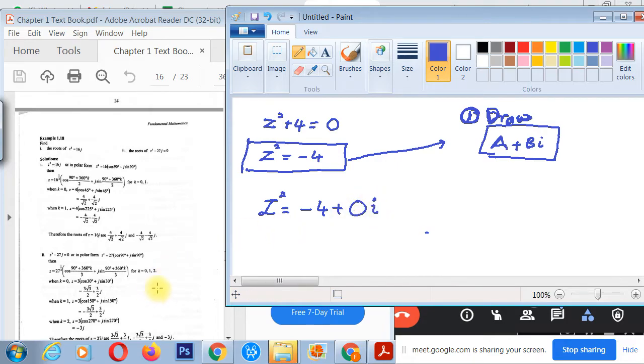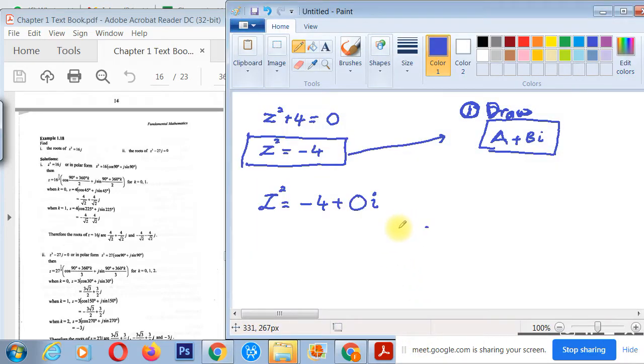Alright, so where is negative 4 plus 0 i? Where is our negative 4? This is real, this is imaginary. So now we have negative 4 here.